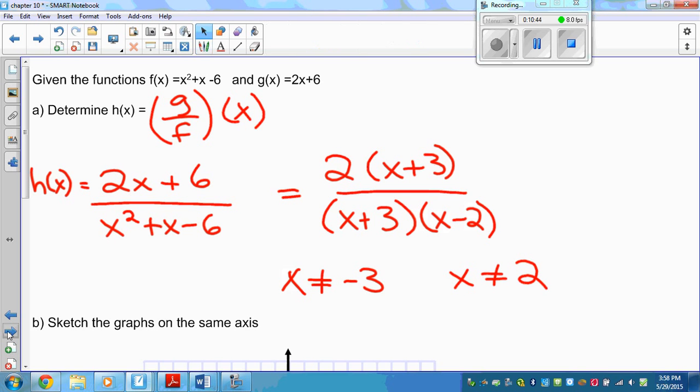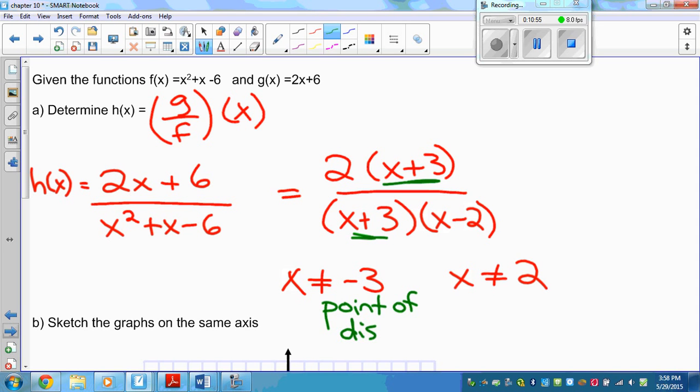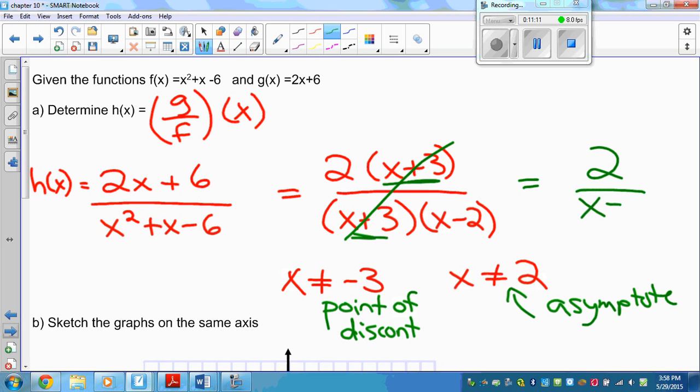So what happens at each of these points? This one is found in both the top and the bottom, so this is a point of discontinuity. This one is only on the bottom, so this is going to be an asymptote. Now let's cross out, and this graph is going to look very similar to 2 over x minus 2.